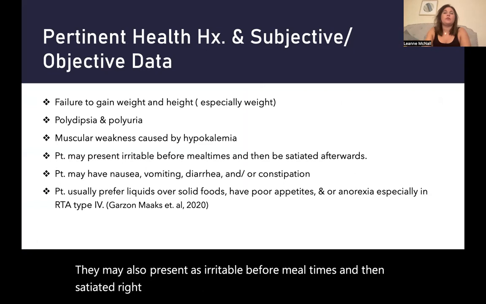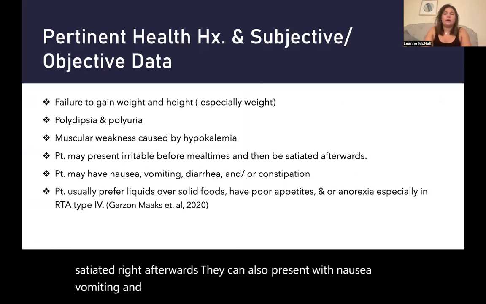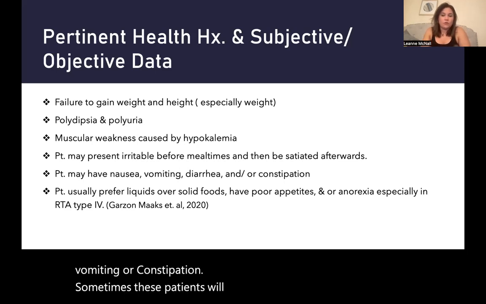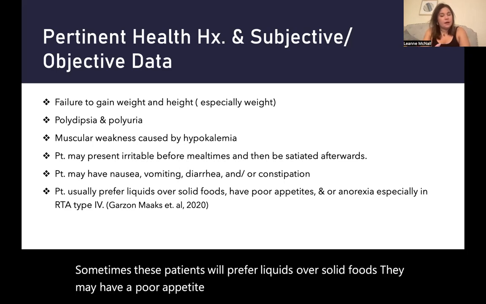They can also present with nausea, vomiting, and/or constipation. Sometimes these patients will prefer liquids over solid foods. They may have a poor appetite, and in some cases anorexia can occur, especially in type 4.